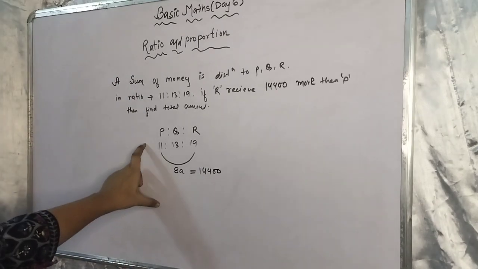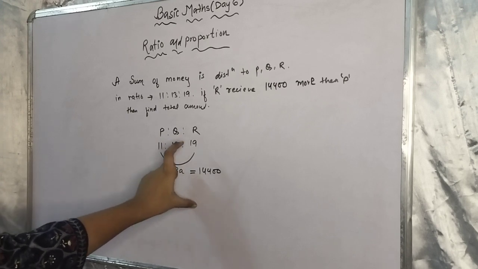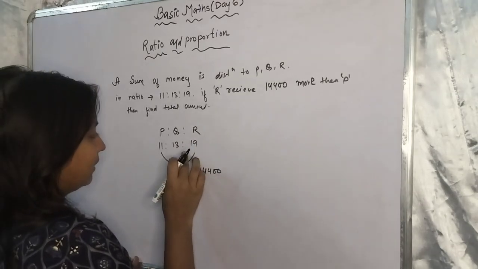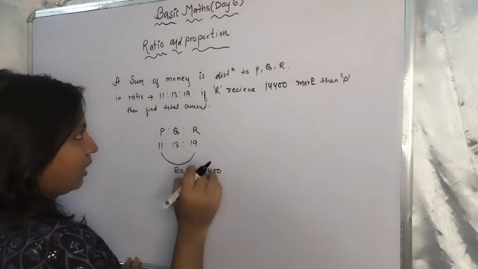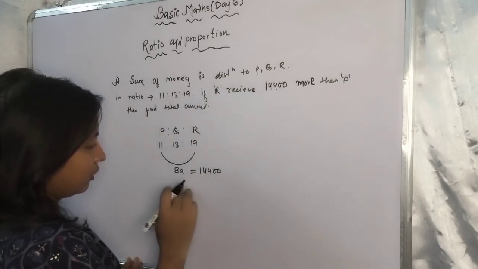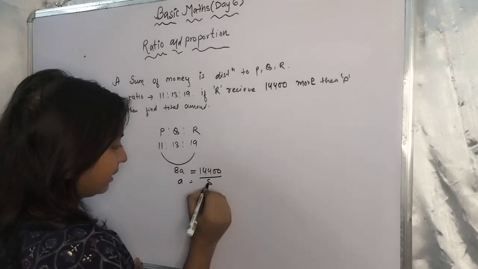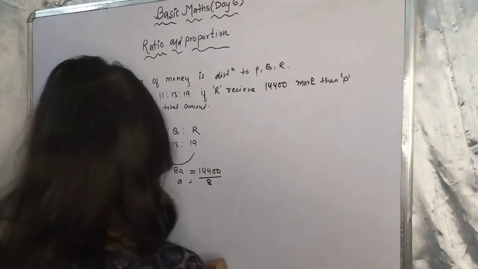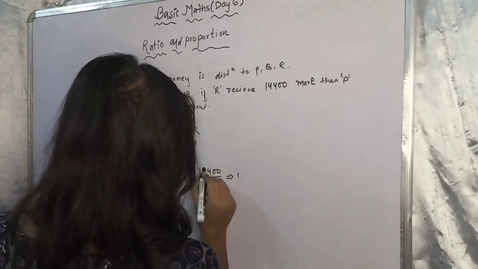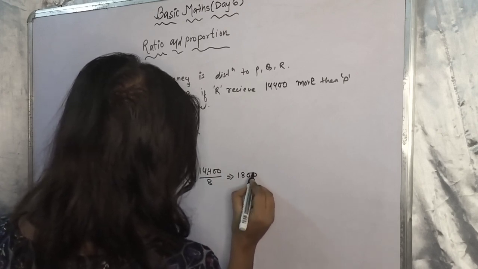See here, we know the difference between 11 and this. How much more he receives in ratio, 8A, and how much more he receives in sum, that is 14,400. So if we equate this, that can be possible. So A is equal to this divided by 8. So 14,400 divided by 8, 8 8s are 64, 00.